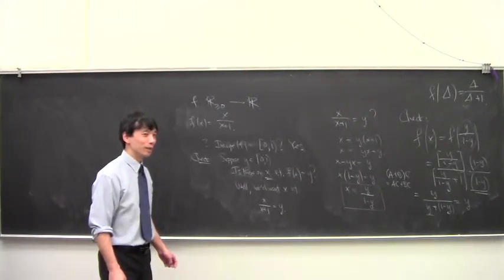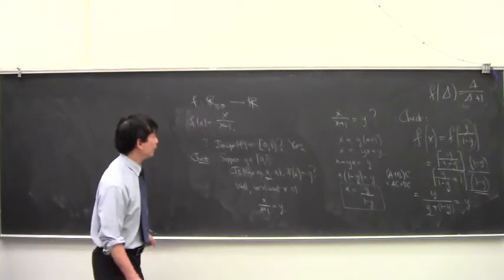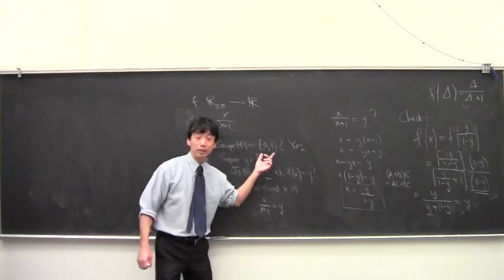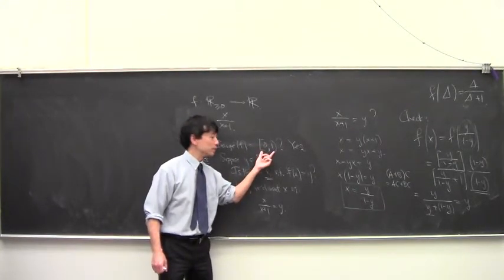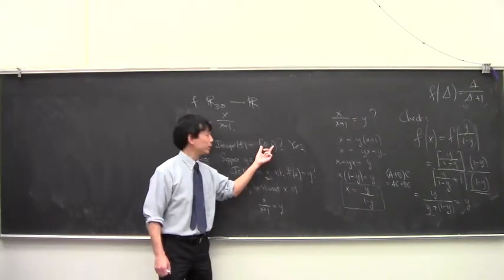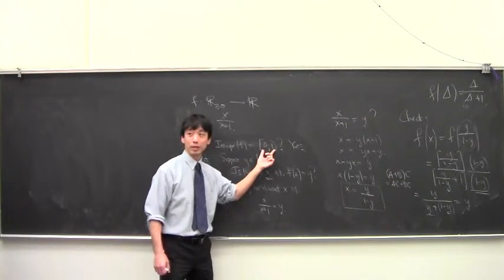Could you say one more time? Yeah, so how does that prove that the image is 0 to 1? Okay. So we suspected that the image was this set, right? And we thought, well, it seems like this is going to be it.